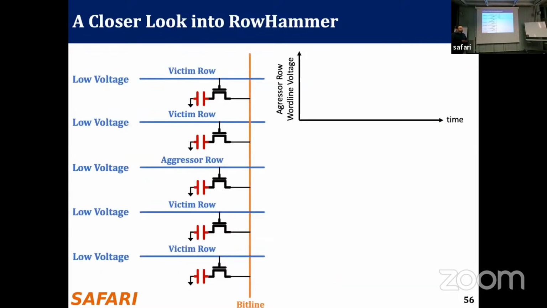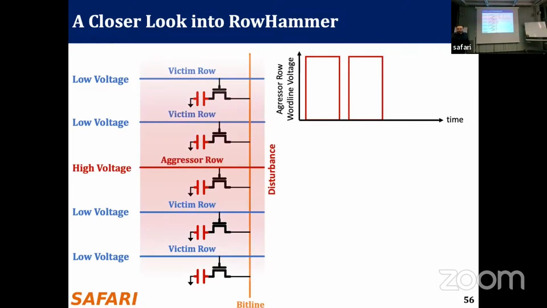And when we look at this VPP, this is another cartoonish picture of RowHammer. In the plot on the top right, we have time going from left to right, and the aggressor row's wordline voltage on the y-axis. When we activate the aggressor row, we assert this wordline with high voltage, and it creates that kind of jump. Then when we close it, the voltage goes low.